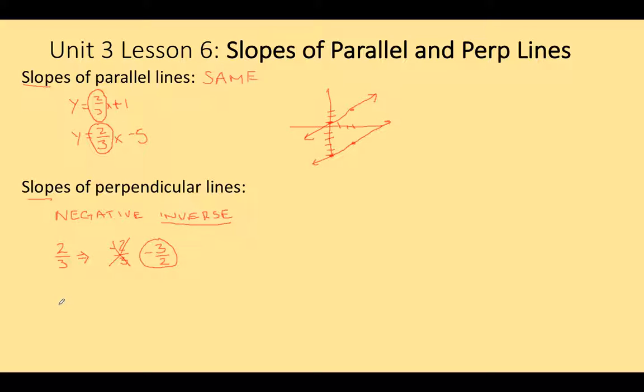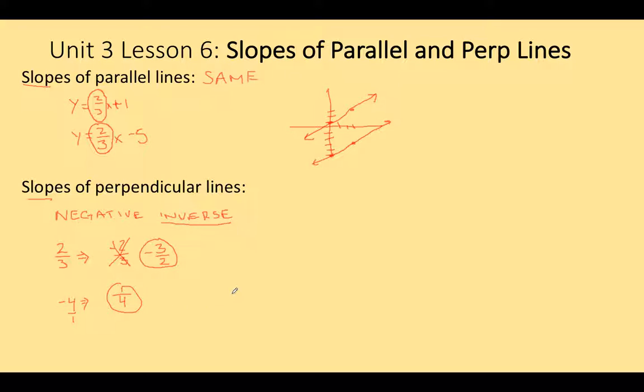So let's say I had -4. What would be the negative inverse of -4? Well, the opposite of -4 would be +4. But this is -4/1, so I would want to switch it, and this would become 1/4. So negative becomes positive, 4/1 becomes 1/4.